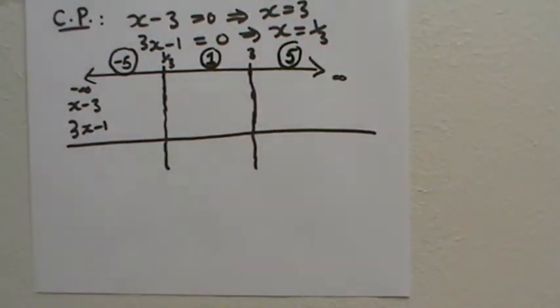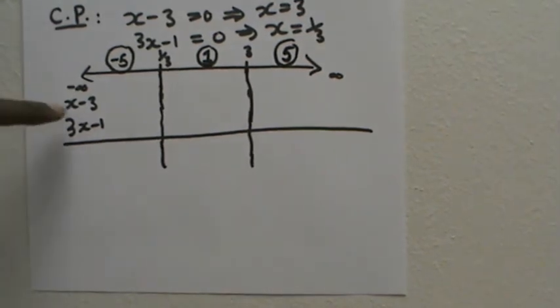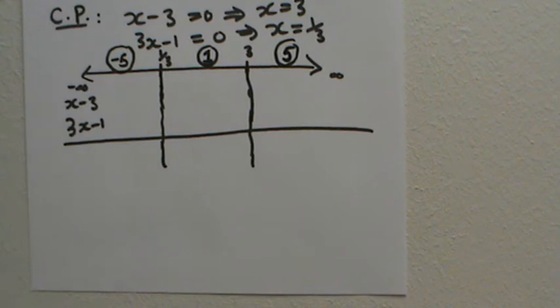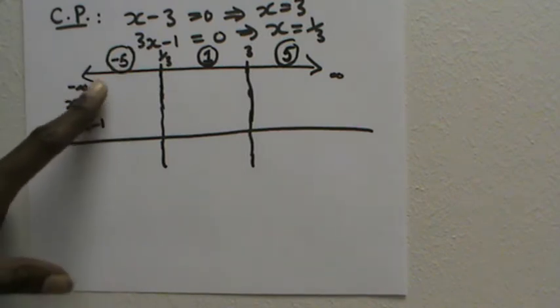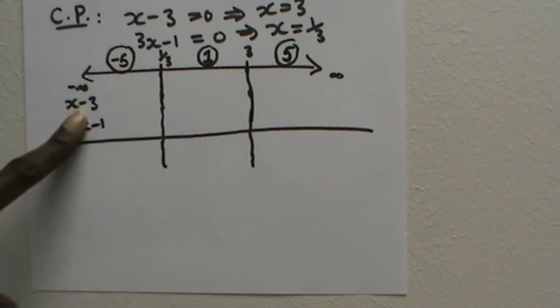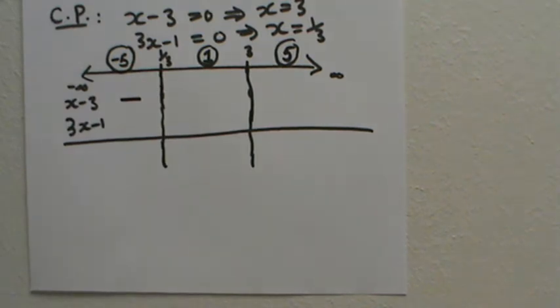Now these representatives, what I'm going to do with them is substitute them into the factors, and then I write down the sign. Is the answer positive or is it negative? So I'll say minus 5 minus 3, substituting this one in there. Minus 5 minus 3 is minus 8. I'm only interested in the sign, so I put that down.